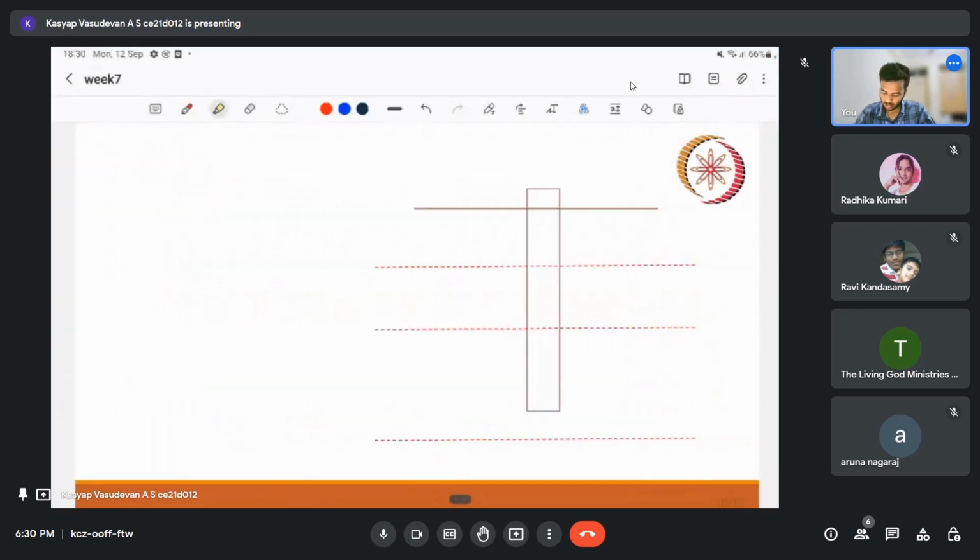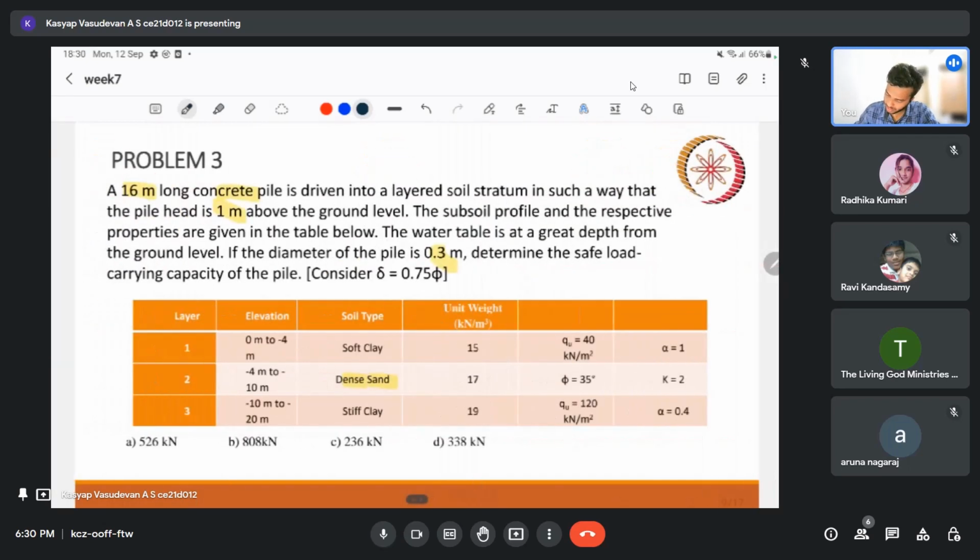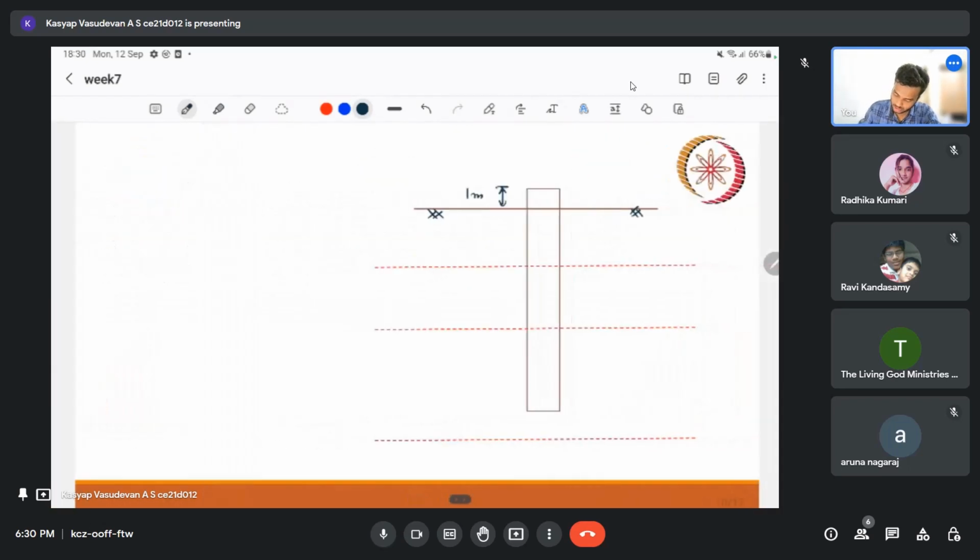So let us see. Here we have the ground level, and the pile head is 1 meter above it. It is said that the pile is 16 meter long, so the part embedded in the soil will be only 15 meter. That is what we can understand from the question.